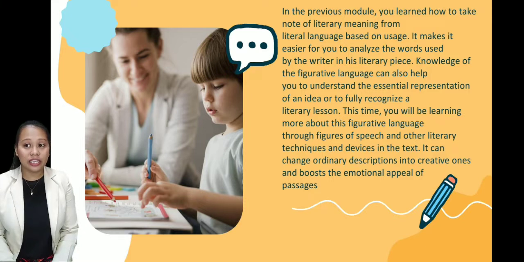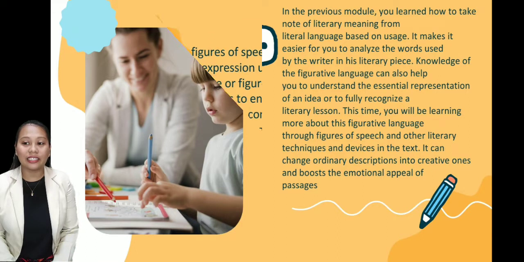It makes it easier for us to analyze the words used by the writer in his literary piece. Knowledge of figurative language can also help us understand the essential representation of an idea or fully recognize a literary lesson. This time, we will be learning more about figurative language through figures of speech and other literary techniques and devices in the text.